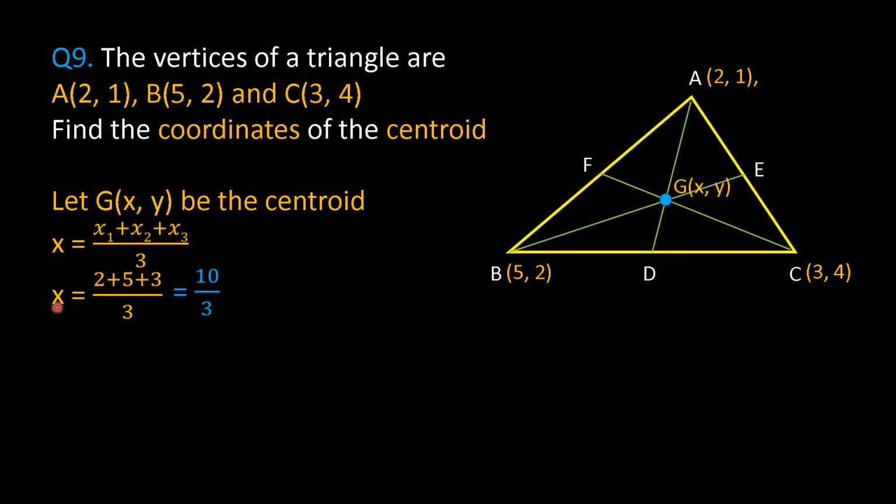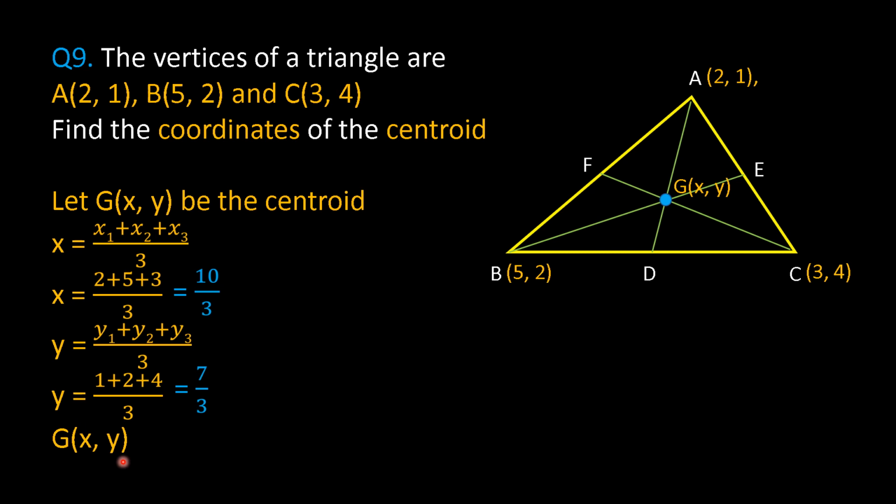So the x coordinate is 10 by 3. Its y coordinate will be (y1+y2+y3) upon 3, which will be (1+2+4) upon 3, which will be 7 by 3. So the coordinates of the centroid will be (10/3, 7/3).